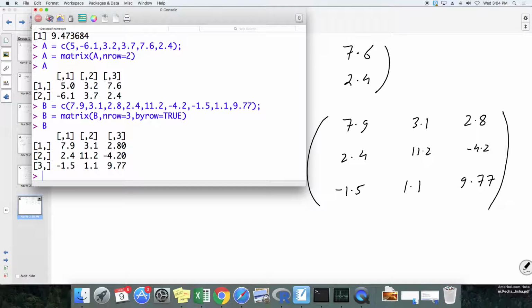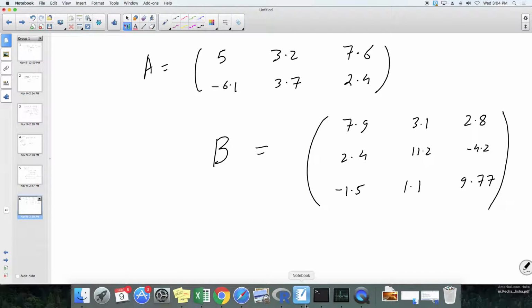So we'll just learn 2 basic things with matrices. For example, A is a 2 by 3 matrix, B is a 3 by 3 matrix. So we can multiply A and B, but the symbol will be A percent times percent B. This symbol is clumsy, but it is what it is.